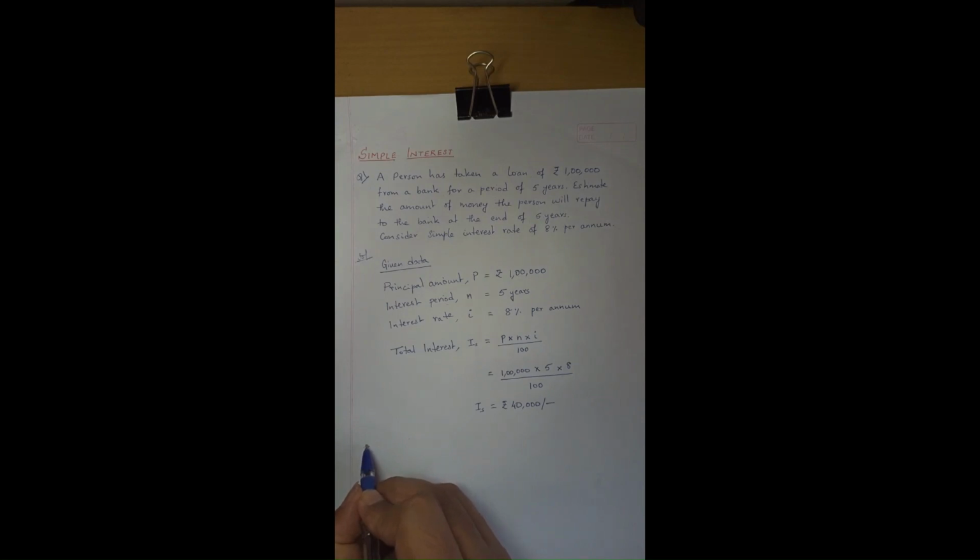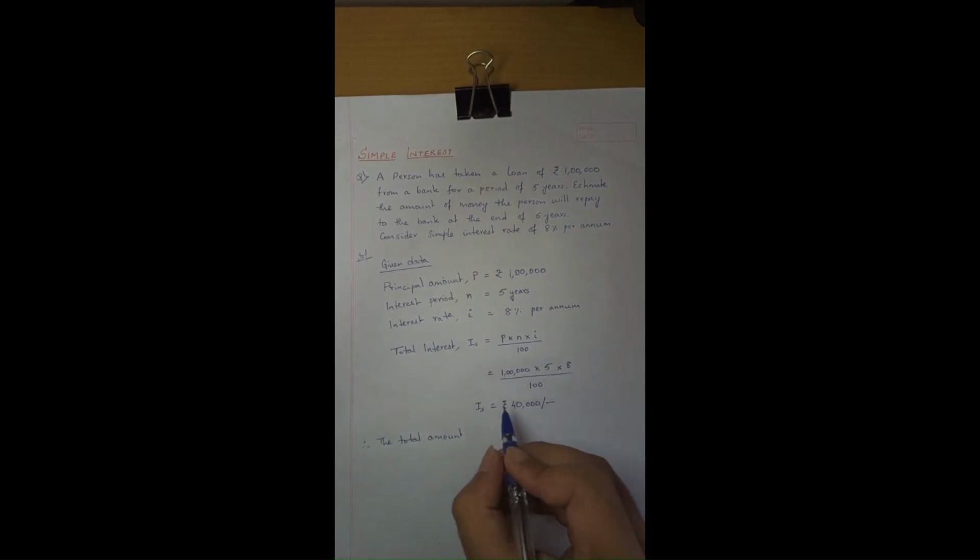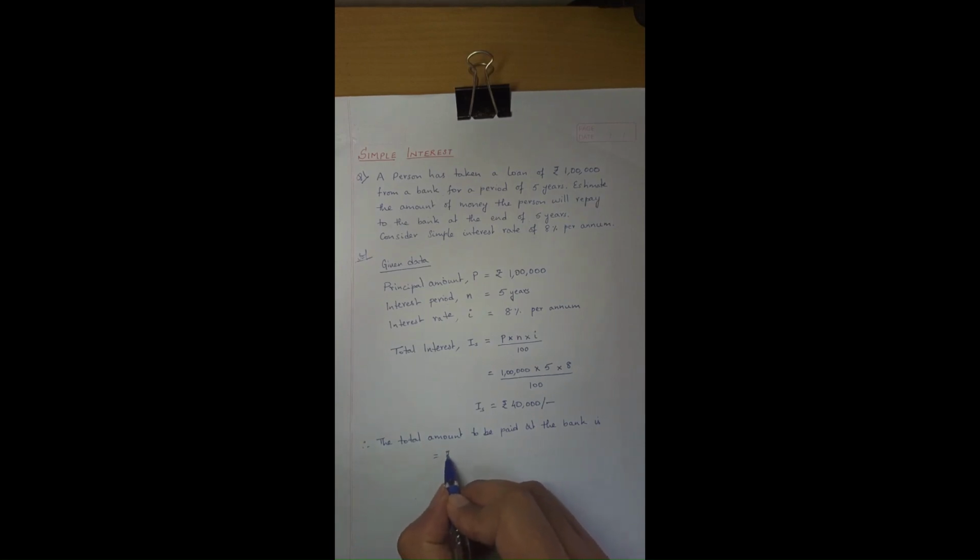Therefore the total amount to be paid at the bank is rupees 1 lakh plus rupees 40,000, which is equal to rupees 1,40,000.